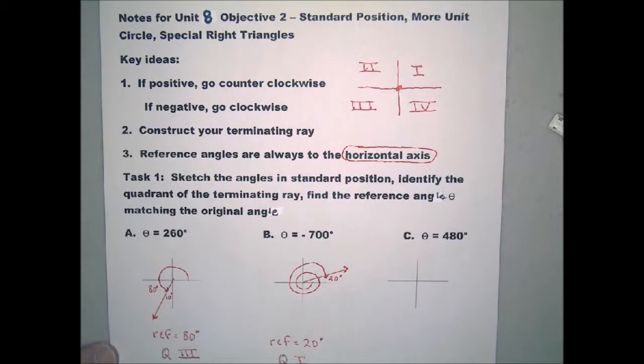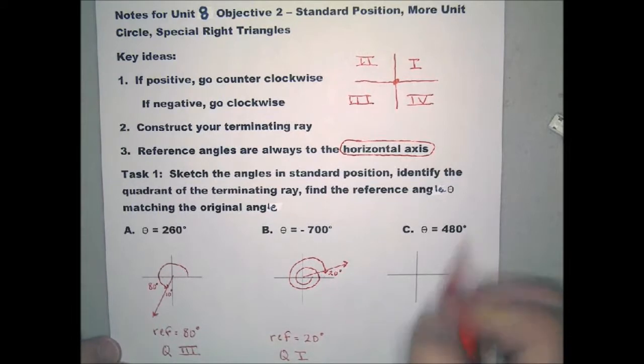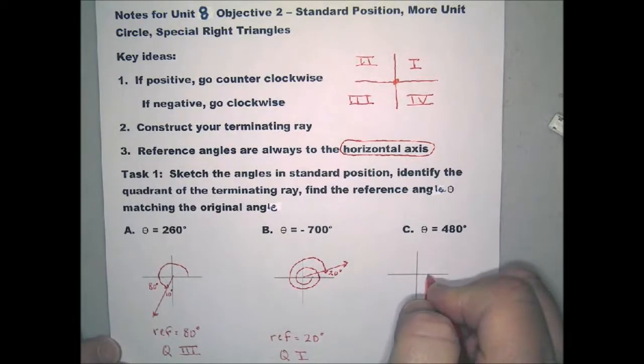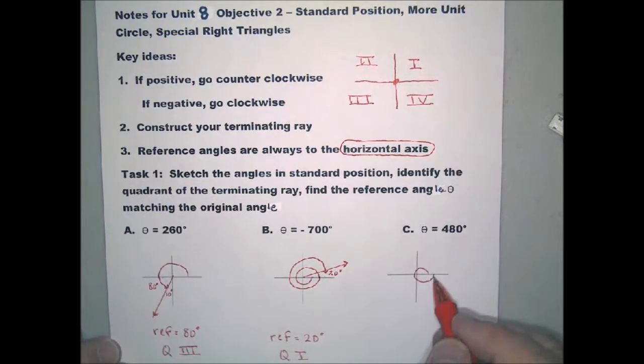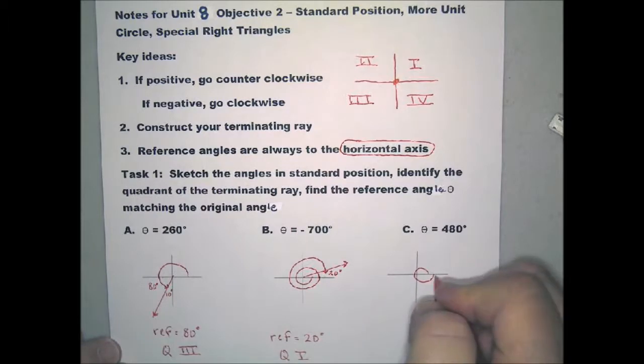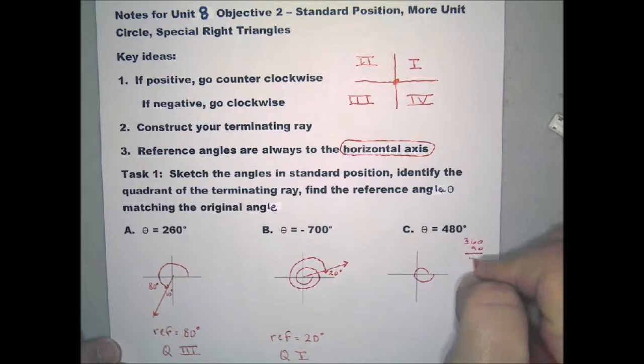Now the last one. What if we went 480 degrees? Well, it's positive, so it'll definitely take us all the way around to 360. And then if I go another 90, 360 plus 90 is 450.